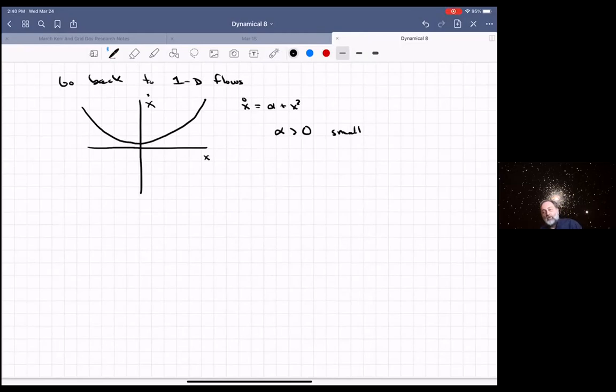Good. Everybody good? And remember, this is a 1D flow, so I'm just going to move along the line. Over here, I'm going to go fast, and over here, I'm going to go fast, right? Because I have large x dot. So I'm moving fast there, but I'm moving very slowly here.